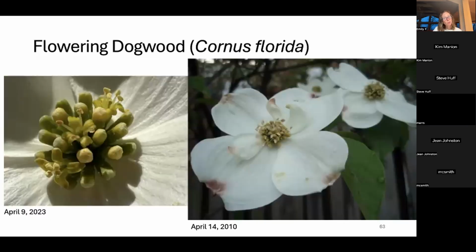Then we have the flowering dogwood. This is another generalist, and this is a compound or a composite flower. So we have bracts over here that are colorful, that are not part of the flowers, and then we have flowers in the center that have petals and anthers, and then a stigma in the middle.